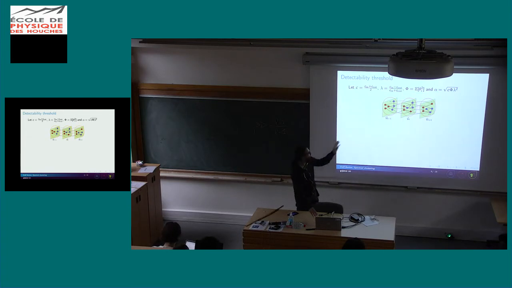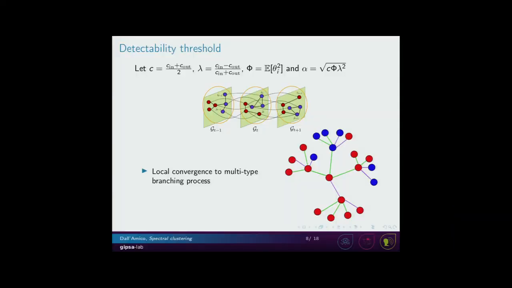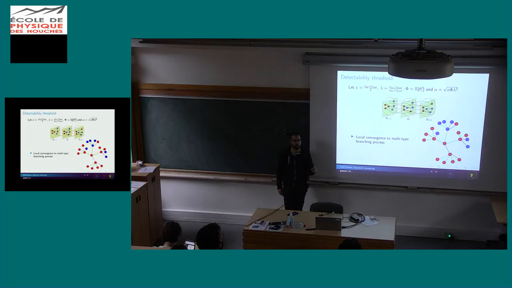So essentially we build a graph where we put in a sequence all the graphs we have: G at time t, t plus 1, t plus 2. The labels are depicted with colors. We have the edges, and then we add for each node an edge to its temporal copy. So we create this big graph. Since the graph is sparse, it locally converges to a multi-type branching process. What does it mean?